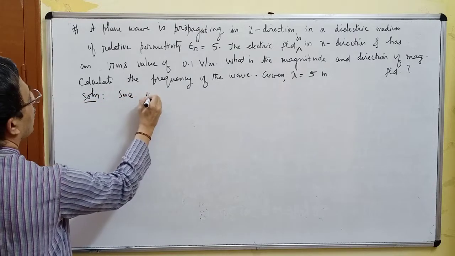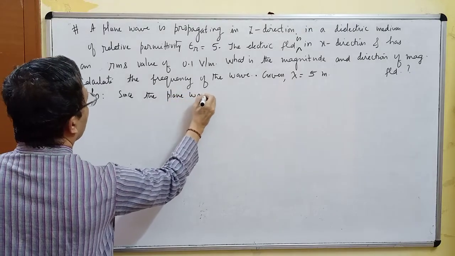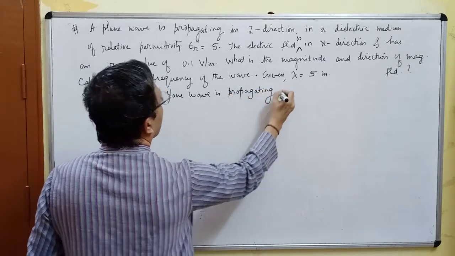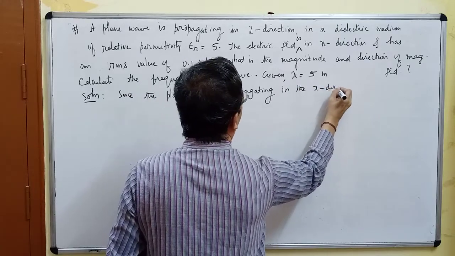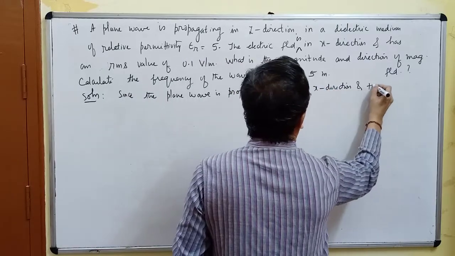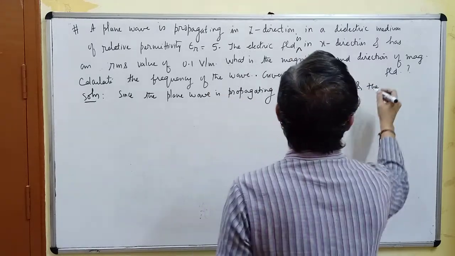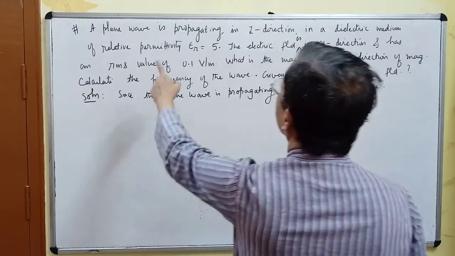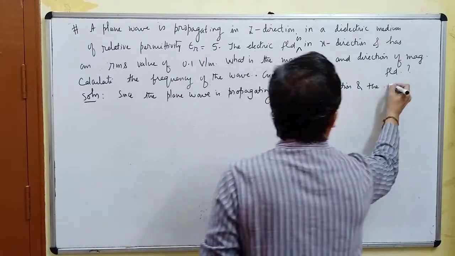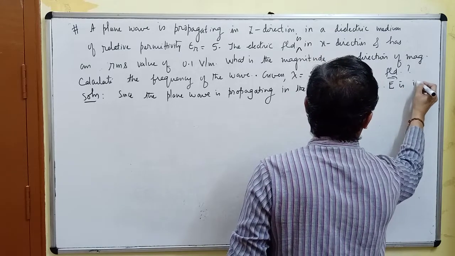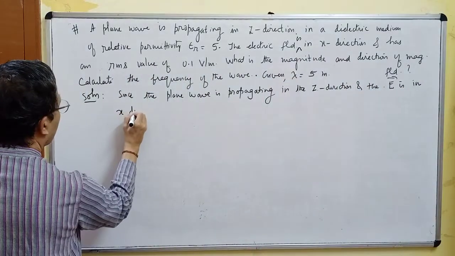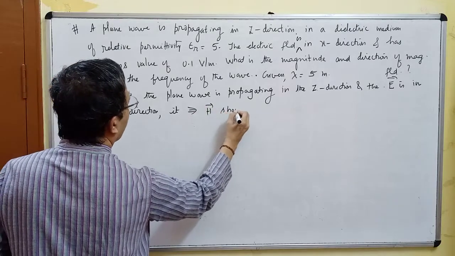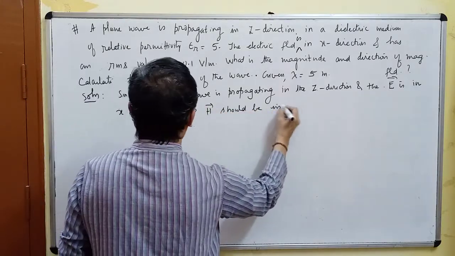The plane wave is propagating in z direction and the electric field, vector E, is in x direction, which implies vector H should be in the y direction.